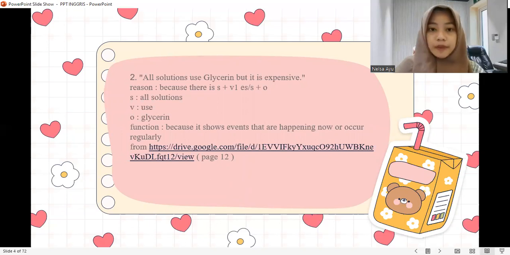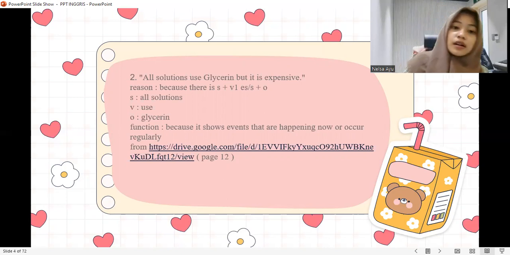The example number 2 is all solution use glycerin, but it is expensive. The reason, because there is subject plus verb one es or s plus object. Subject all solution, for the verb is use and the object is glycerin.